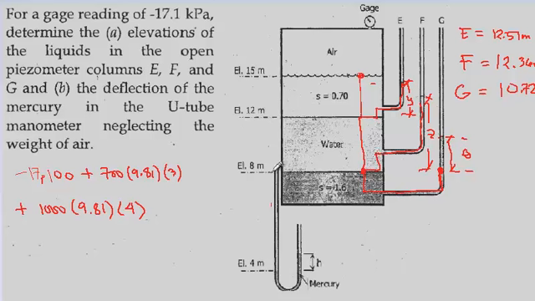We move further, continue downward by how much? Taman elevation 4, so that's plus 1,000 times 9.81. Kung elevation 8 paingon elevation 4, that means you drop by 4. That's the pressure in here.